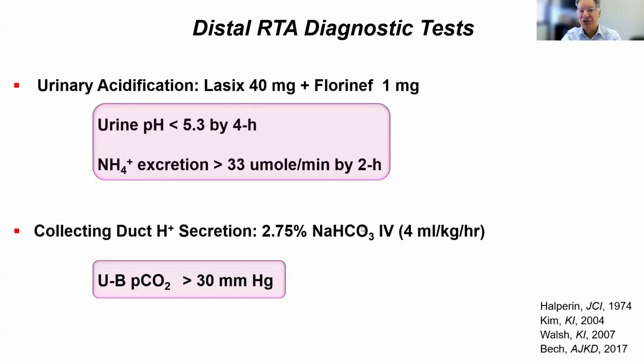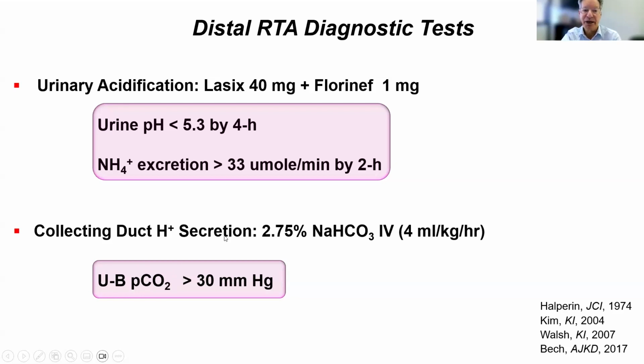And then there's another more historic test that was done, and that's to measure the urine PCO2. So the PCO2 in the urine actually is diagnostically important, and it's been known for at least 40 or 50 years that if you give bicarbonate and give a lot of bicarbonate and flood the collecting duct with bicarbonate, the PCO2 in the urine goes up about 30 higher than blood.